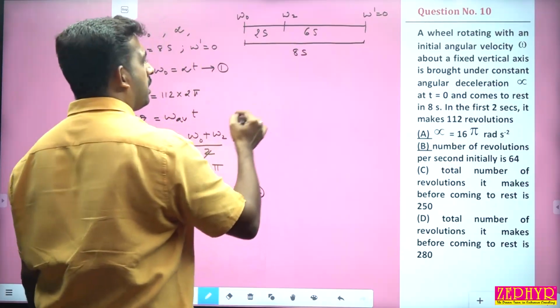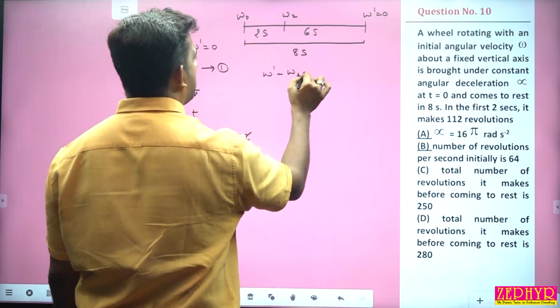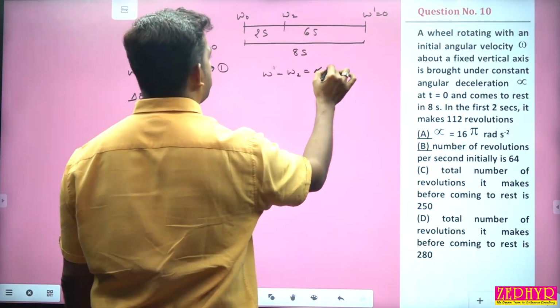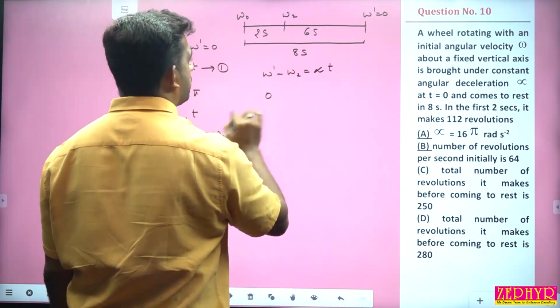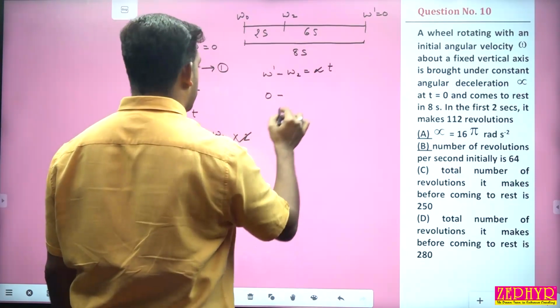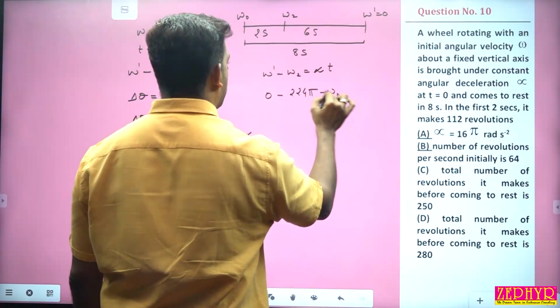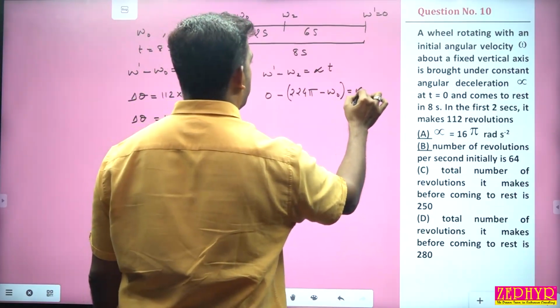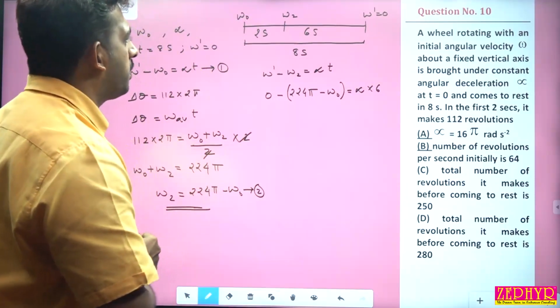Now the second section we will take like this: omega dash minus omega 2 equal to alpha into t. Omega dash is equal to 0. Omega 2, we have already discussed, is 224 pi. So minus omega naught equal to alpha into 6. Correct?